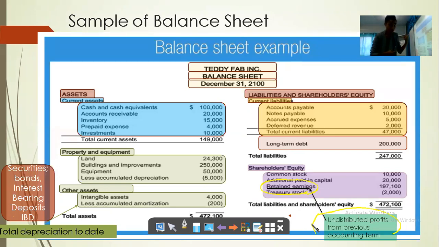That profit that's earned hasn't been used yet. So they just took the profit, brought it into the balance sheet, and recorded it as retained earnings, kept back. Okay, so retained earnings is undistributed profits from previous accounting periods.